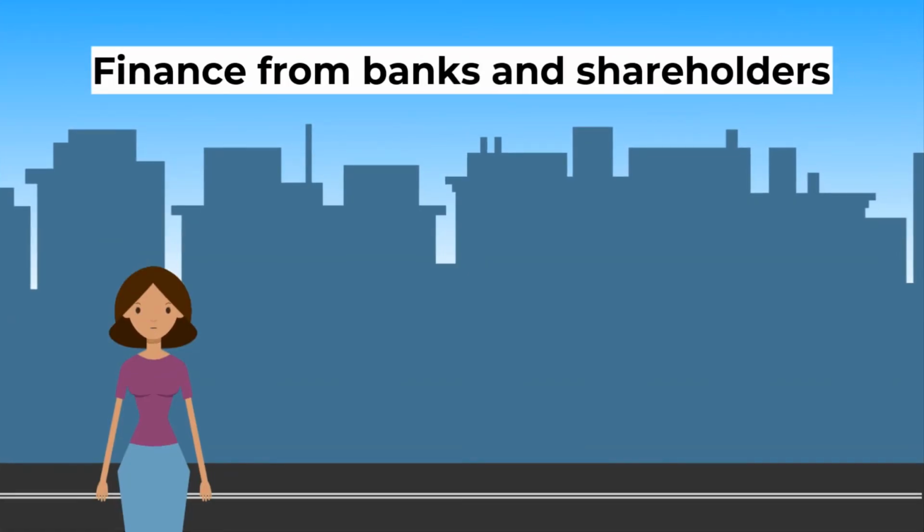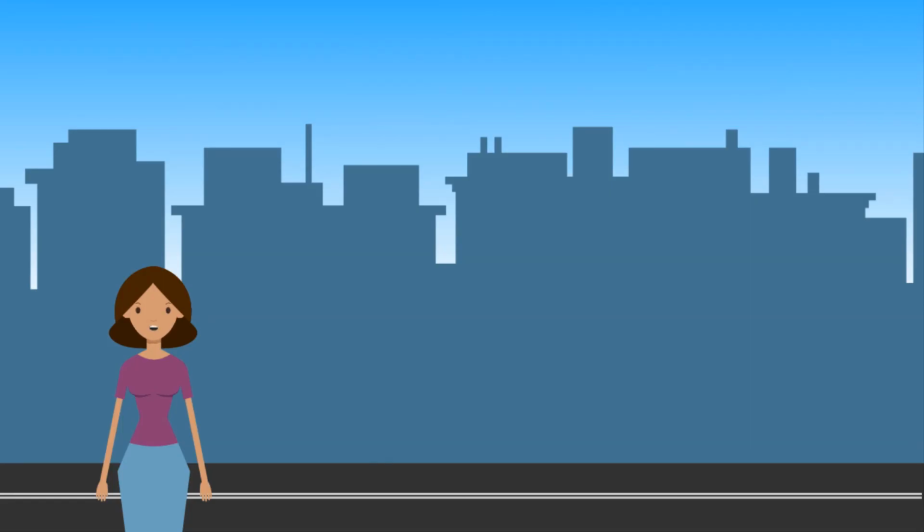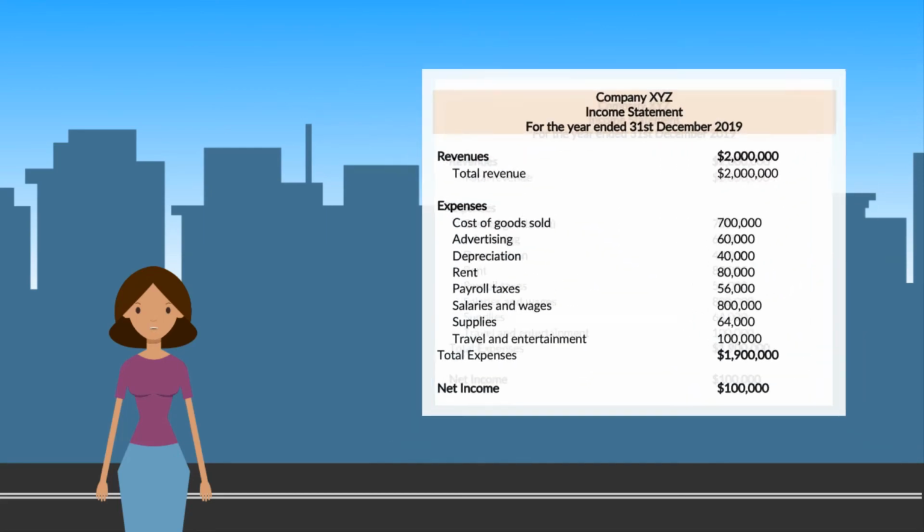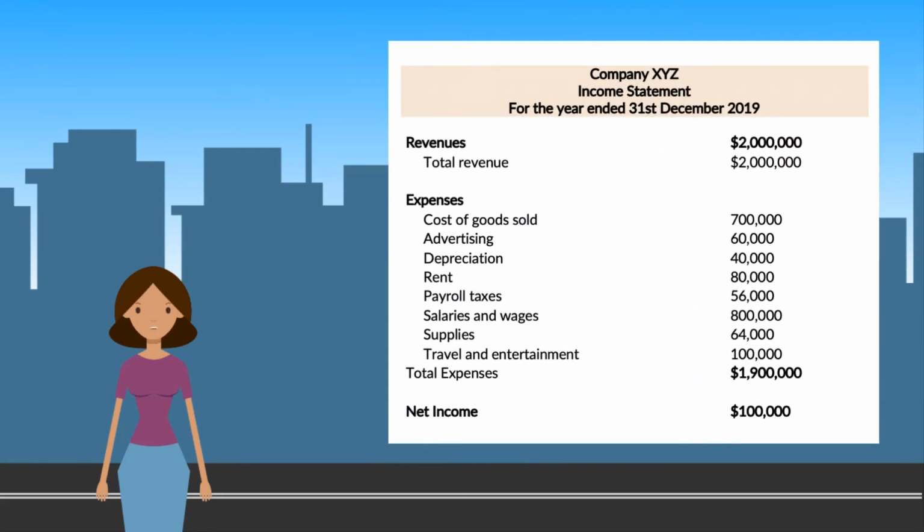Lastly for today, finance from banks and shareholders. The chances of a bank being willing to lend a business finance is higher when a cash flow forecast is presented detailing why finance is needed and how it will be used. An income statement from the last trading year, the forecast income statement for the next year, to see how much profit the business makes and will make.